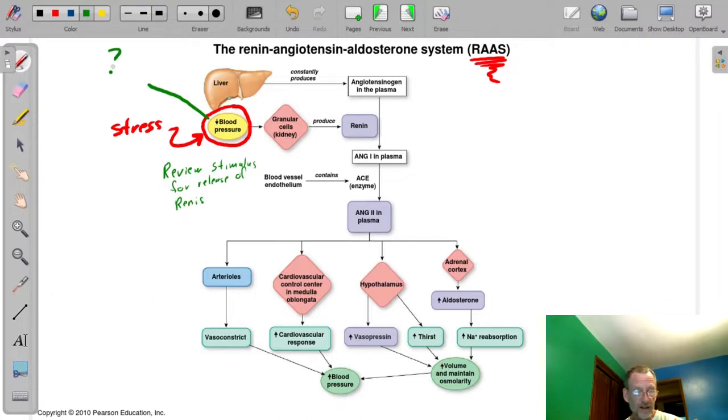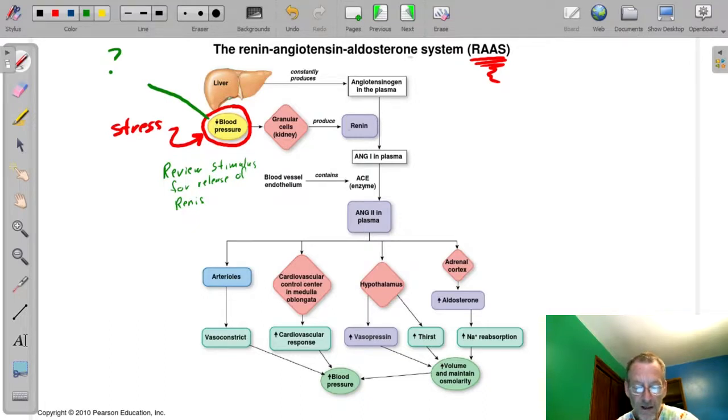And then the sympathetic nervous system, since this is going to be a sympathetic response, fight or flight to raise the blood pressure. The sympathetic nervous system then sent sympathetic neurons to those granular cells, directly to those JG cells, and they release renin. That was one way, probably the major way with a significant drop.